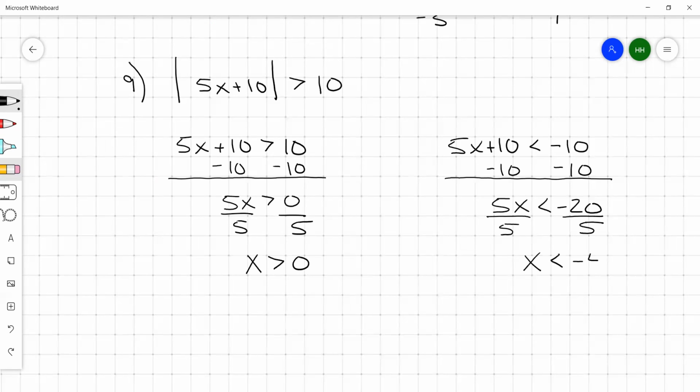X is less than negative 4. You graph your negative 4. You graph your 0.